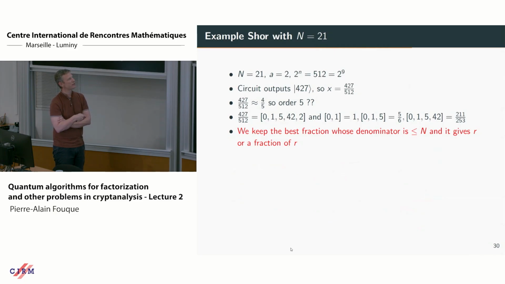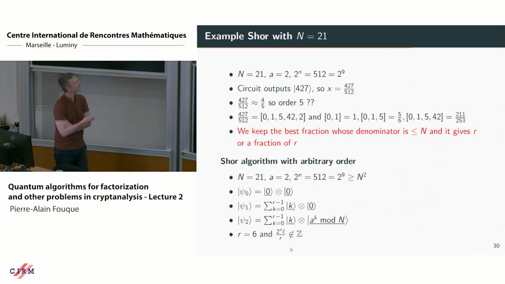Okay, so if we go up to this value, we are above 21, and so we have to stop before, and here 6 gives you the correct value for the order r. Okay, so I explained to you that the order of a is equal to 6, and it is exactly the value that I'm looking for. Okay?